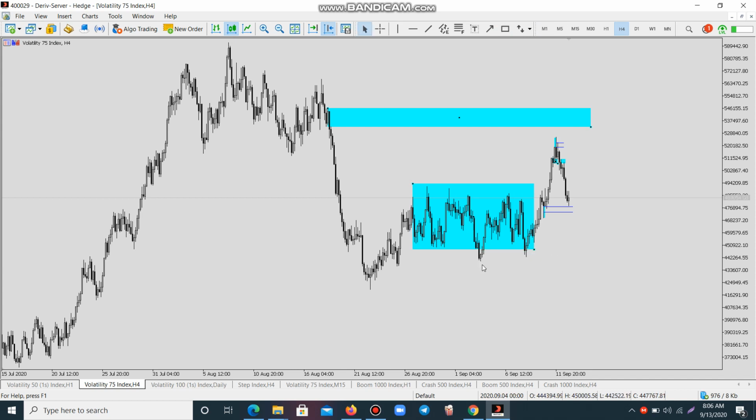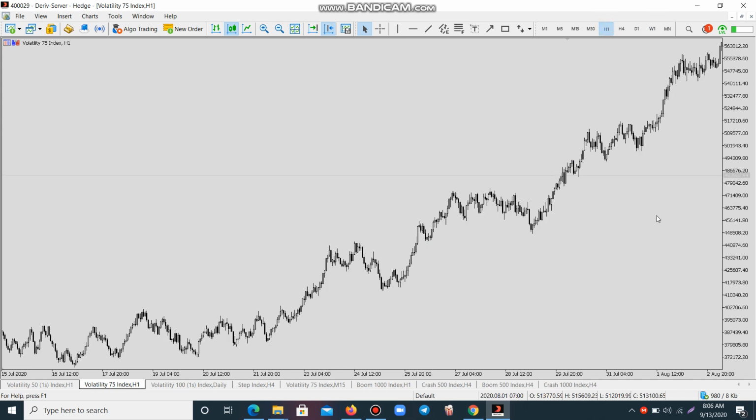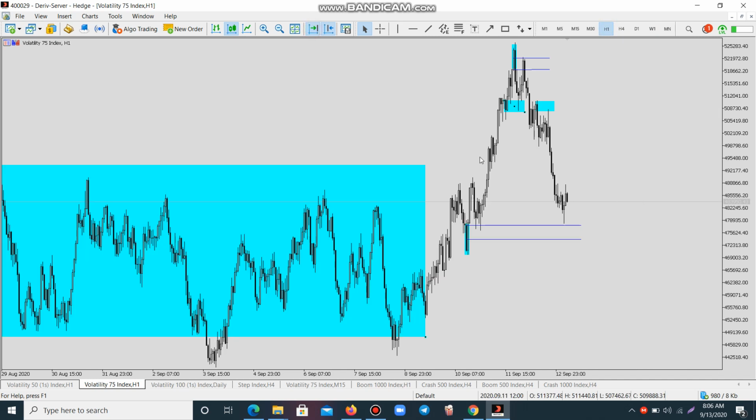You see, this is a spring, the market goes up, returns back to this area, like this is a test. Then from here you see the market did what? The market did push up again. Then the market pushed up, started selling. So let us go back again to H1.